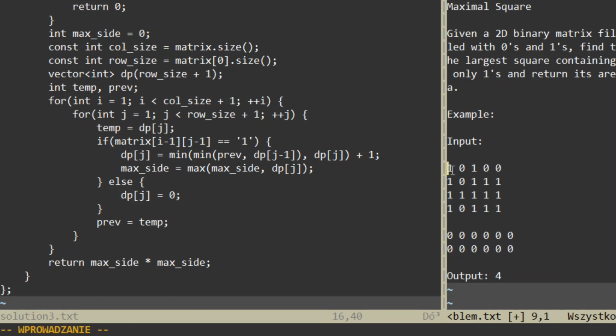So, for example, if we have here 1, in our previous vector, we have also 0, so this was this, and the dp minus 1 index, so here will be 0, and the previous was also 0 because we are starting from this.